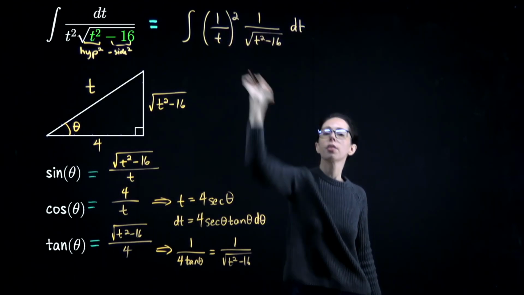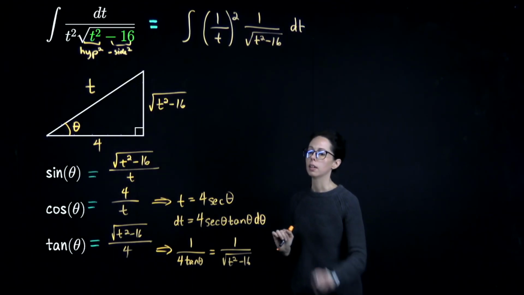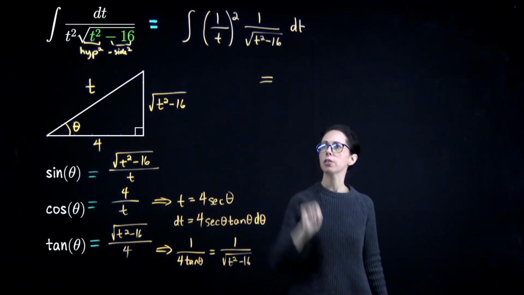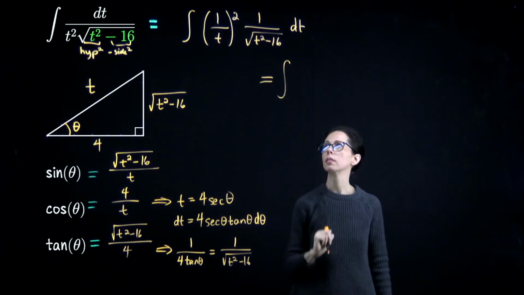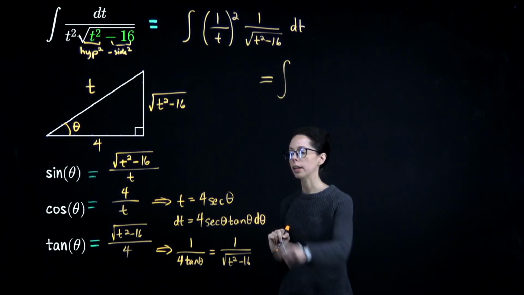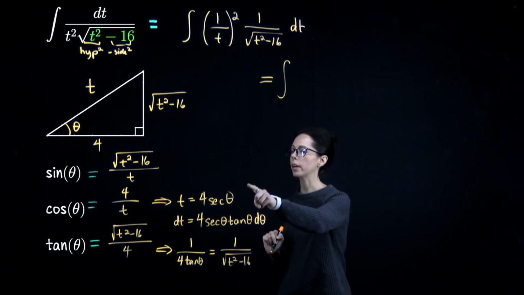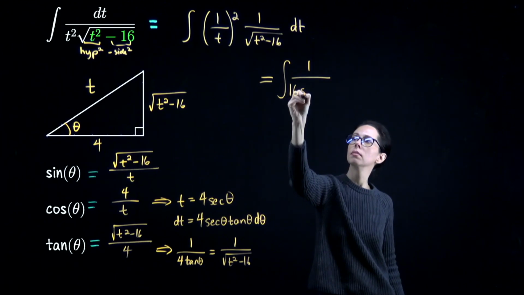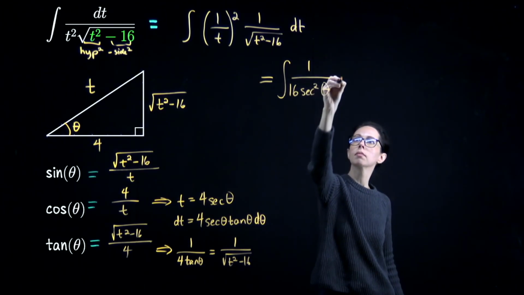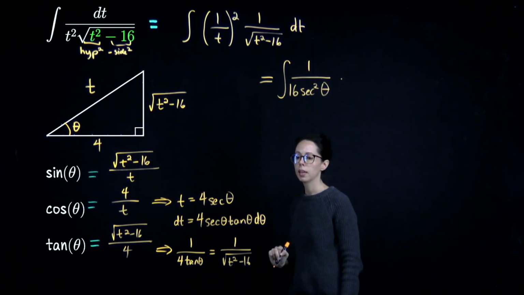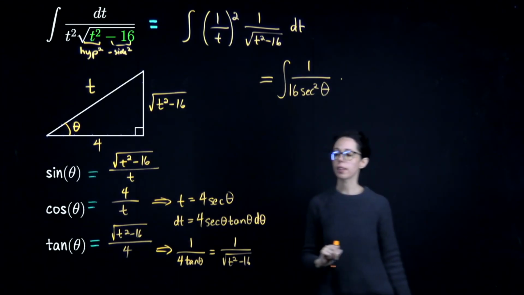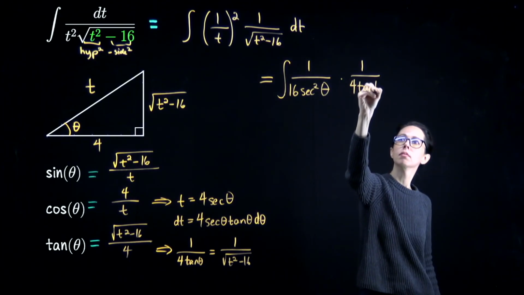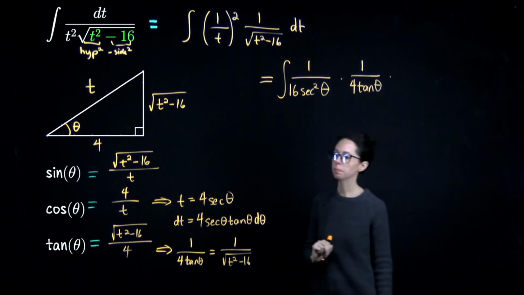So I'm going to make 3 substitutions now to rewrite this with respect to theta. I'm going to continue diagonal down to the right. 1 over t squared is 1 over 16 secant squared theta. Okay, so that's the first one. The second one is 1 over 4 tangent theta. That's that one.